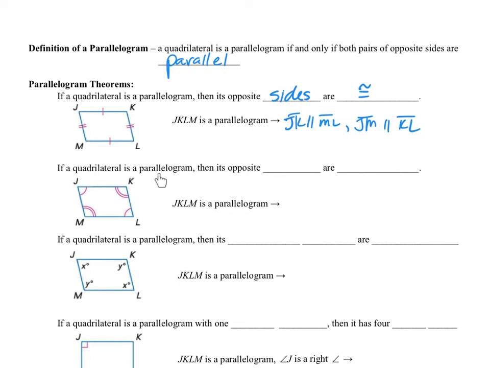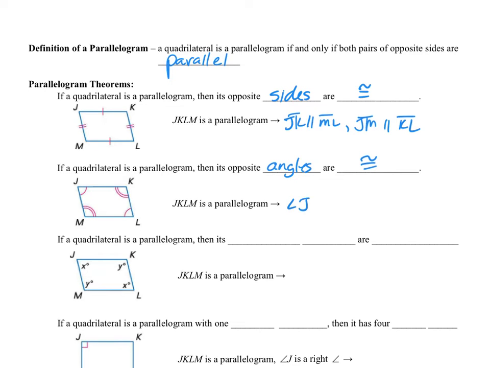If a quadrilateral is a parallelogram, not only are its opposite sides congruent, but also its opposite angles are going to be congruent. Given this parallelogram JKLM, if we're assuming that JKLM is a parallelogram, then we can conclude that opposite angles like J and L are congruent.